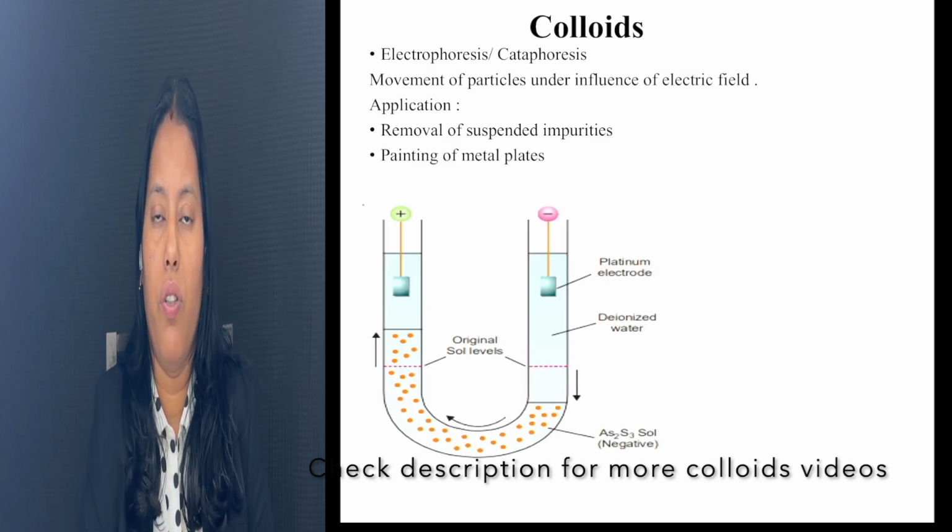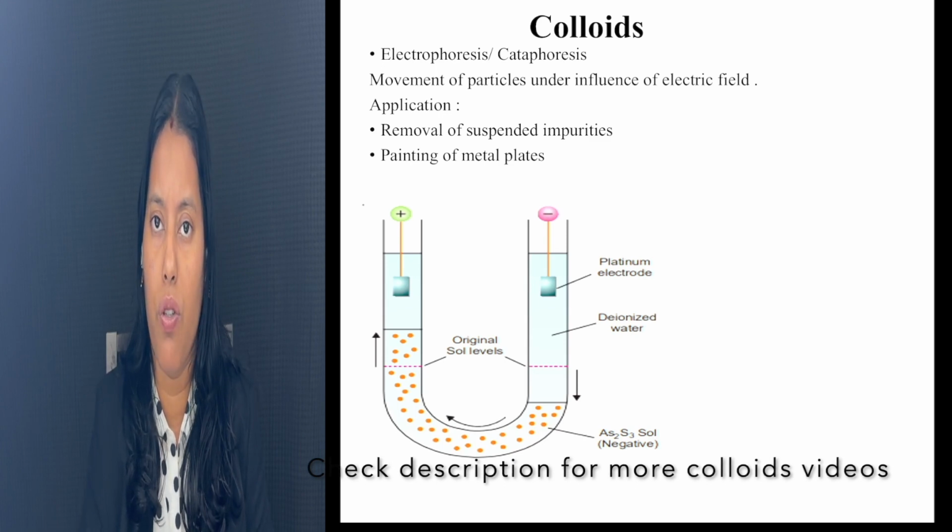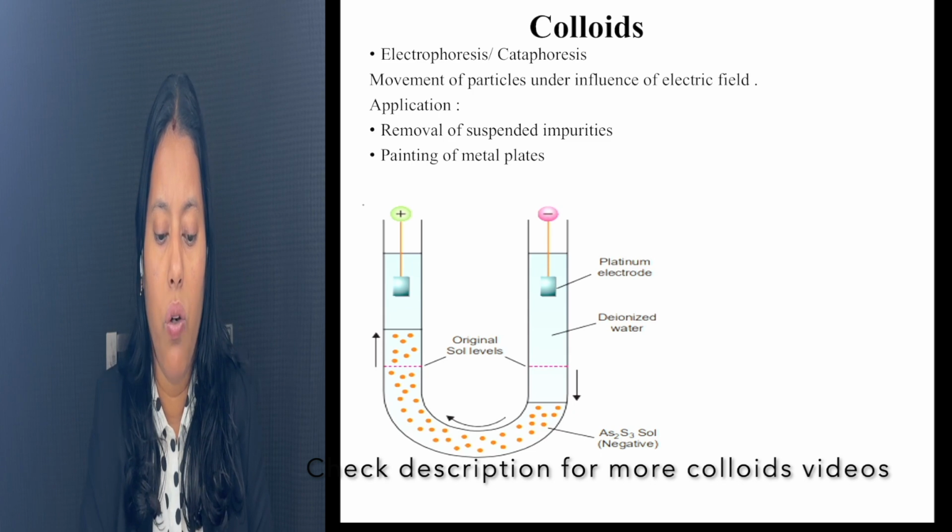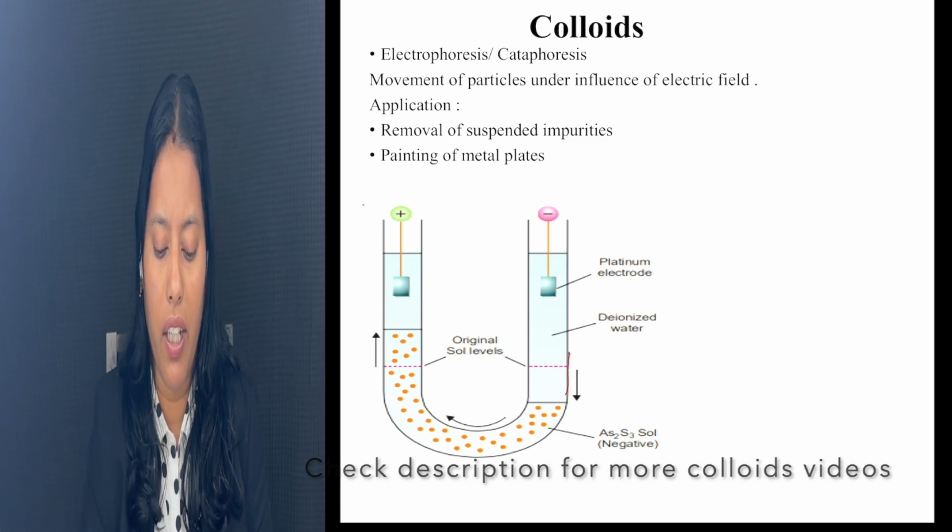So electrophoresis, as you know, is the movement of the particle under the influence of electrical field. Here we have taken a U-shaped tube and we have taken a sol or colloidal solution of arsenic sulfide.